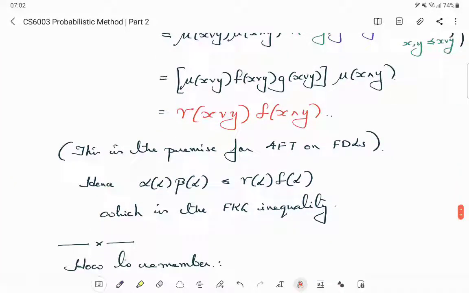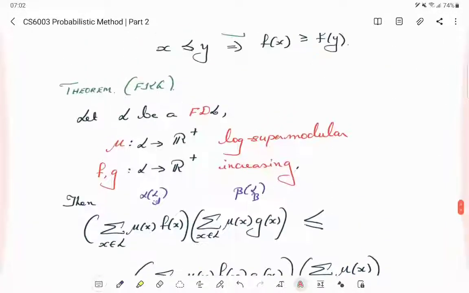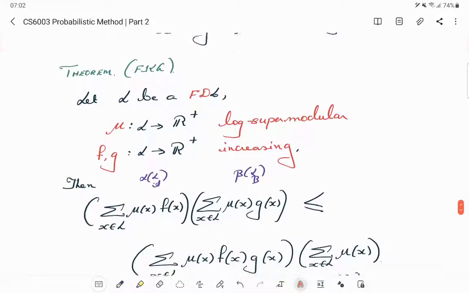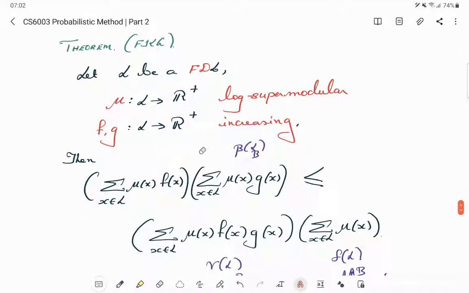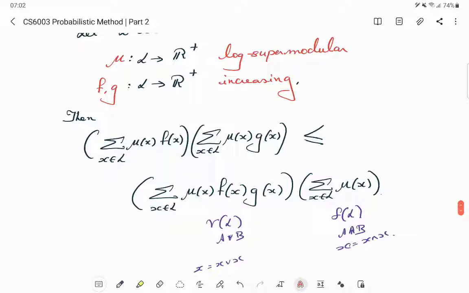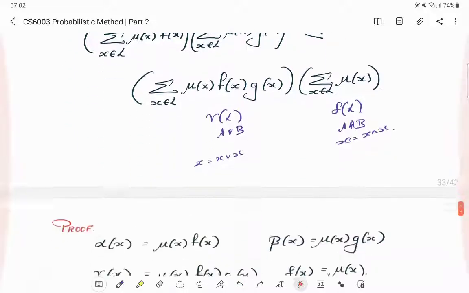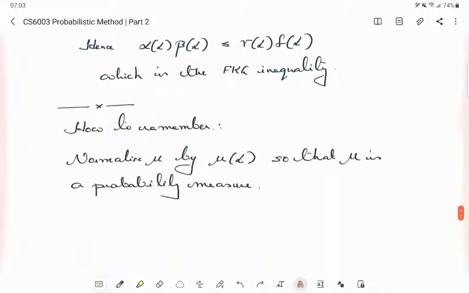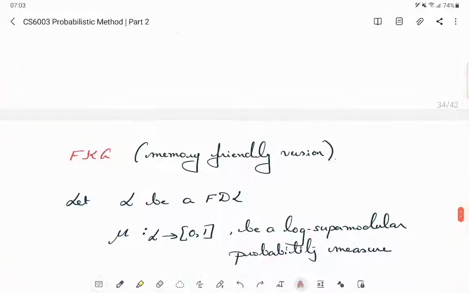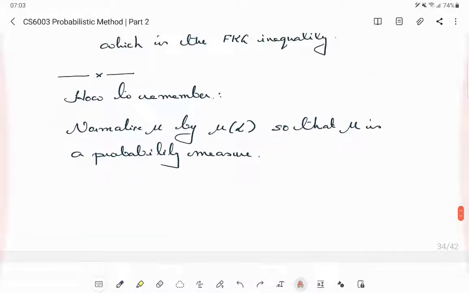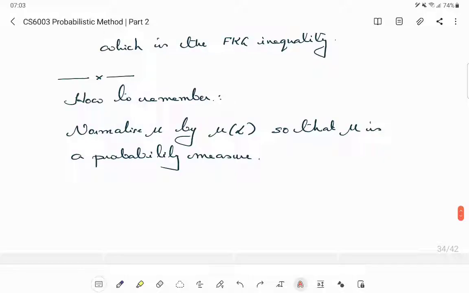Now let's see how to remember the FKG inequality, because it's a bit of a mouthful to remember, right? So why did I do that? Let's interpret this in terms of probabilities and expectation. The first trick is something which we already hinted.